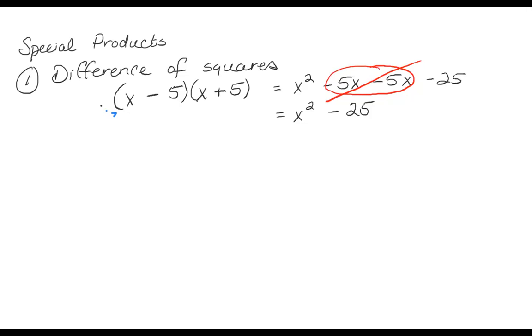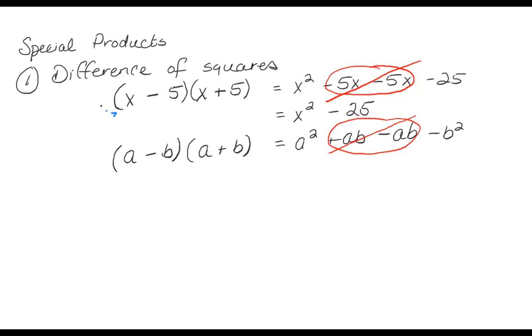Now, the way that this works in thinking of this as a special product is that if we do this with any old numbers or expressions, like an a minus b times an a plus b, we get a squared plus ab minus ab minus b squared. And again, those middle terms cancel each other out because we had the plus and the minus, and we get a squared minus b squared.